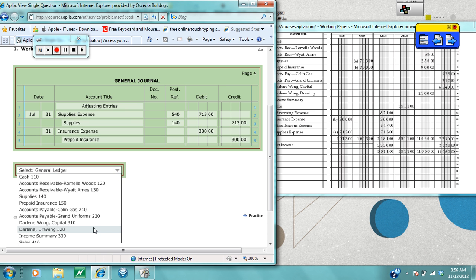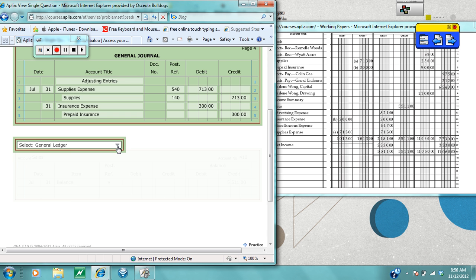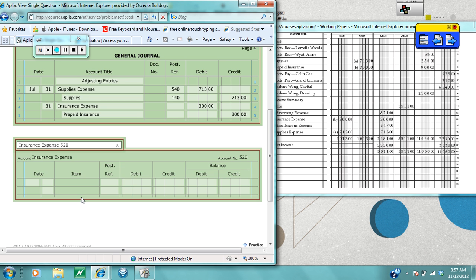Okay, insurance expense. There we go. Sometimes you just have to play with things a little bit and make it work. We got July 31st, G4 for General Journal 4, and we're debiting it for $300.